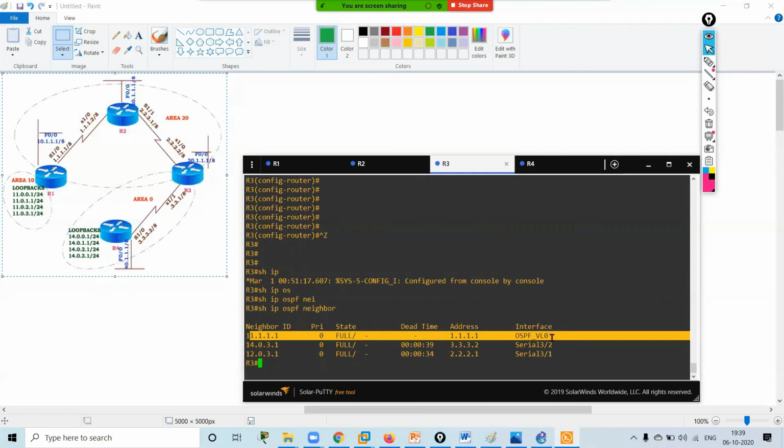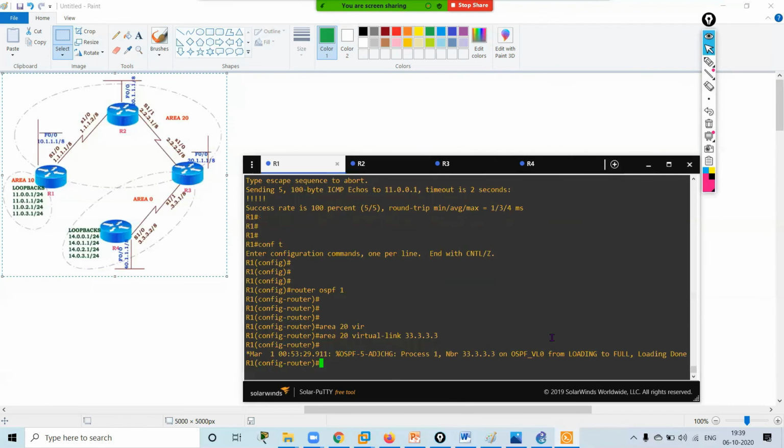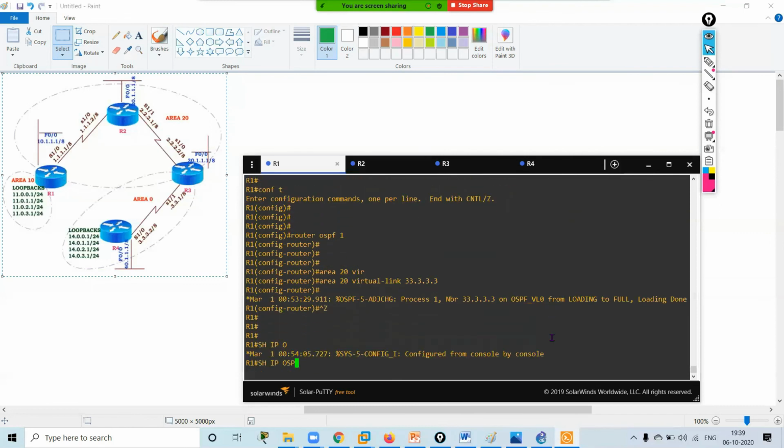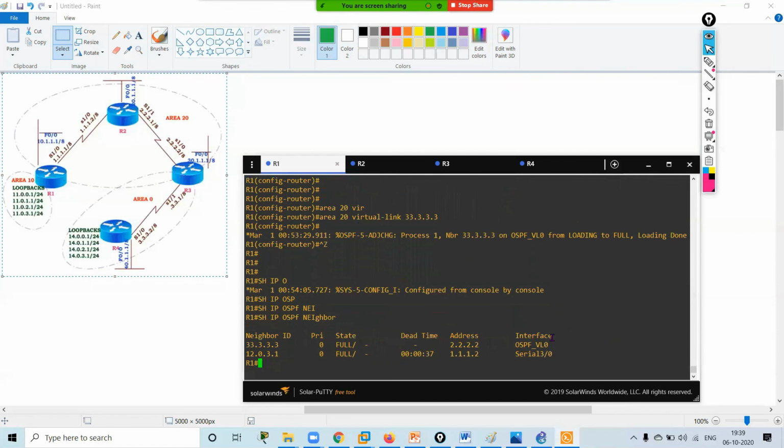On R1 also I'll have 3 neighbors. So show ip ospf neighbor, 2 neighbors, sorry, not 3 neighbors, 2 neighbors over here. Okay, the state is full.